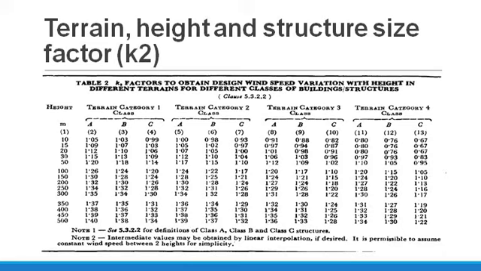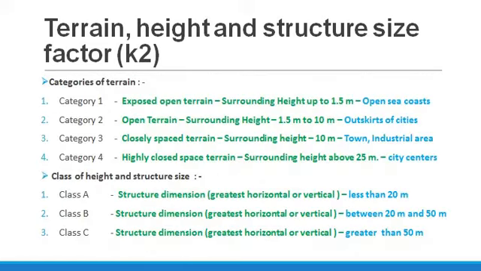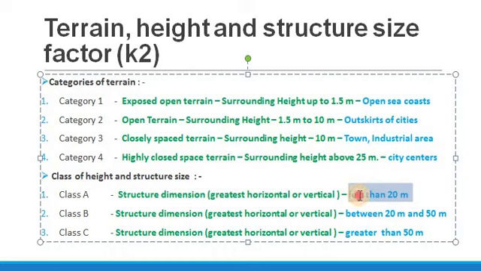For example, if my structure is in the city center with surrounding height above 25 meter, and it is in class A, that means the height of my building is less than 20 meter, and the surrounding structures around my structure have a height of 25 meter.